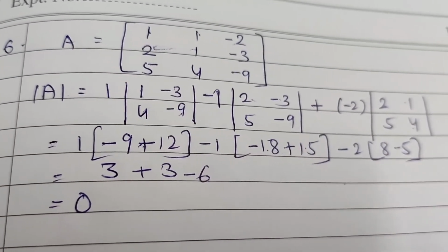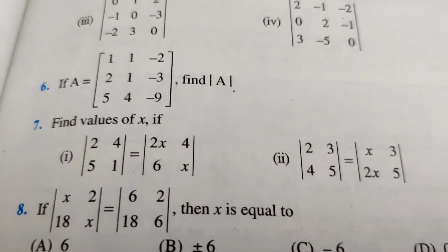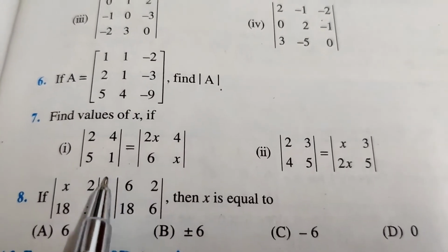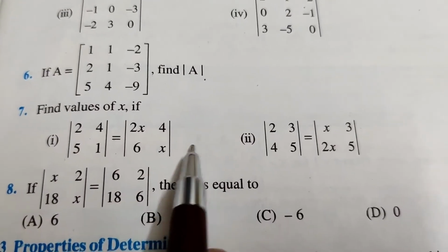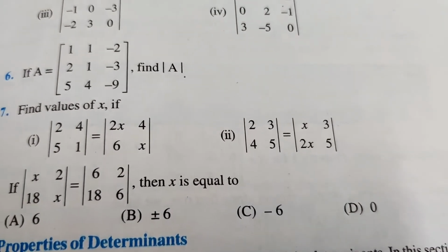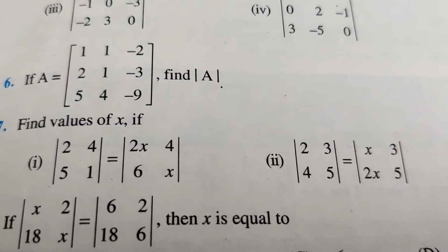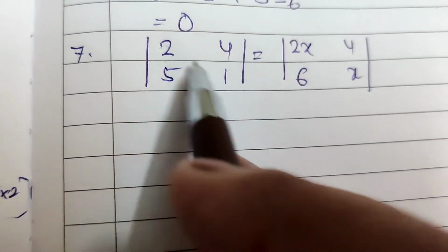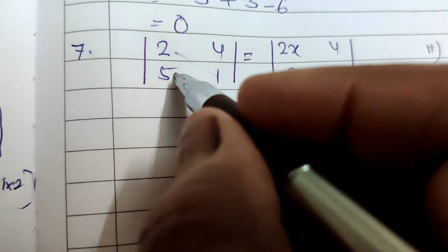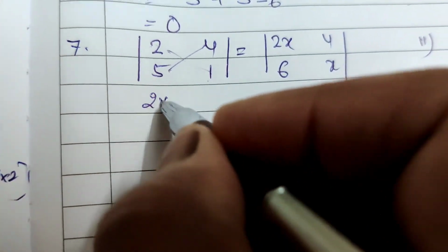Now question number 7. 7 has two parts. Question number 1. Find the value of x. 2, 4, 5, 1 equal to this matrix. These two matrices are equal, so by equating the determinants: in the first, the value of this determinant is 2 into 1 minus 4 into 5.